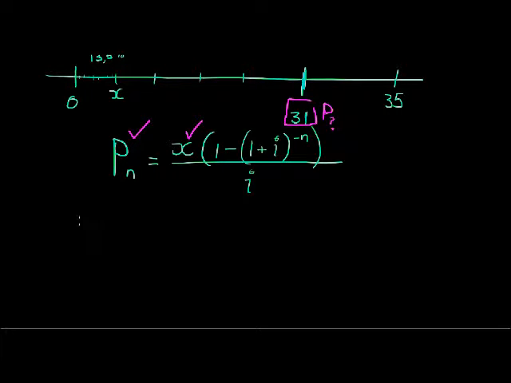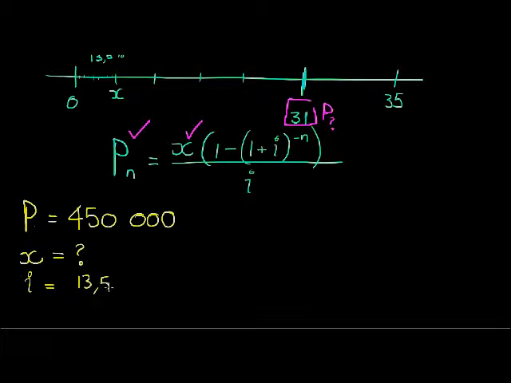Okay, so we know that he took out a loan of 450,000. Okay, so the present value is 450,000. We don't know what his repayment amount is. We know that the interest that is charged is 13.5%.